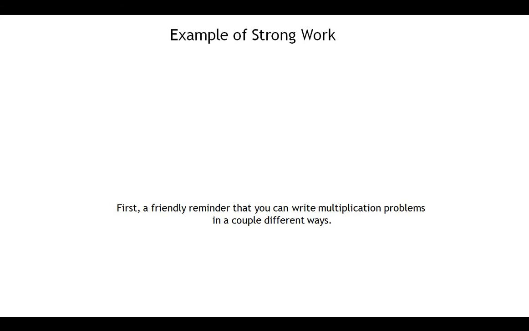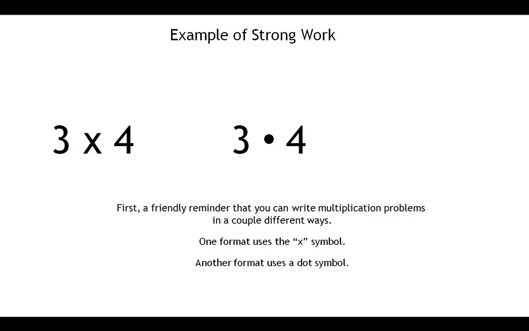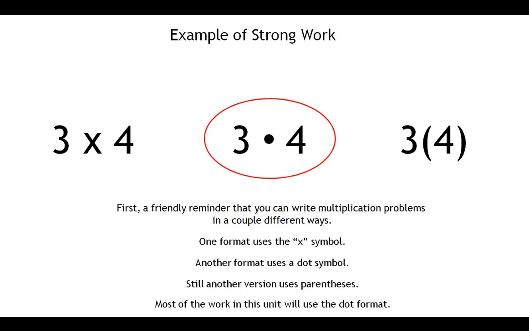First, a friendly reminder that you can write multiplication problems in a couple different ways. One format uses the X symbol. Another format uses a dot symbol. Still another version uses parentheses. Most of the work in this unit will use the dot format.